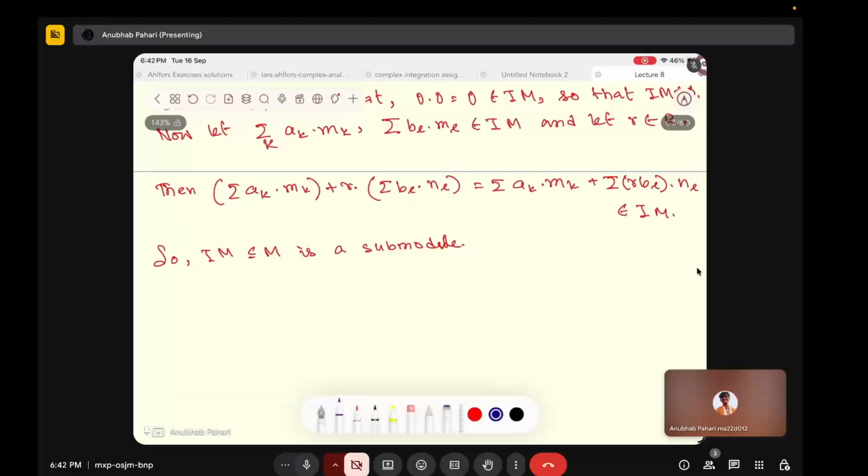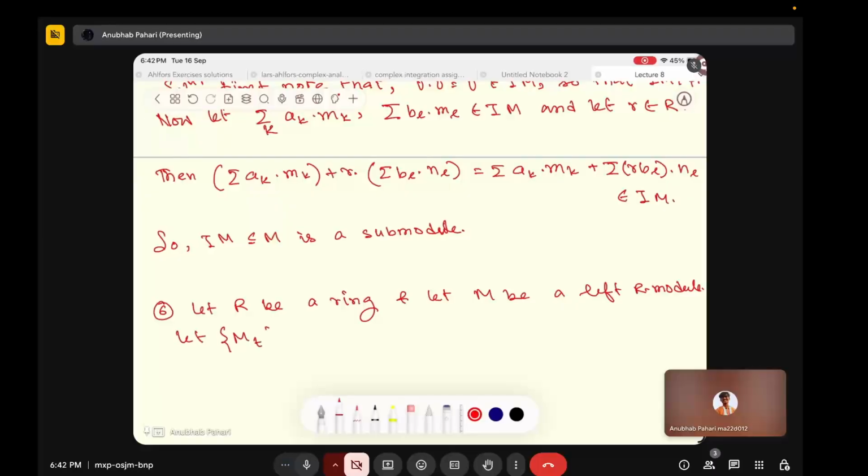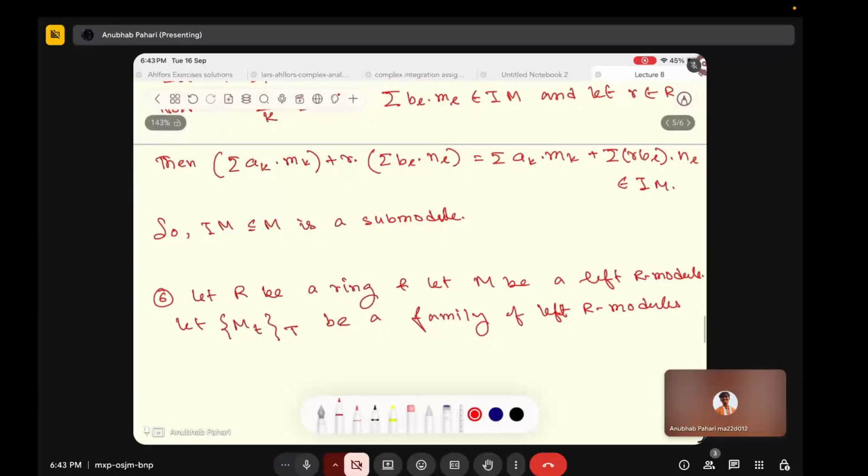So now let us move to our next problem. Question number 6, that is, let R be a ring and let M be a left R-module. Let M_t, where small t belongs to capital T, be a family of left R-submodules of M, with capital T non-empty.